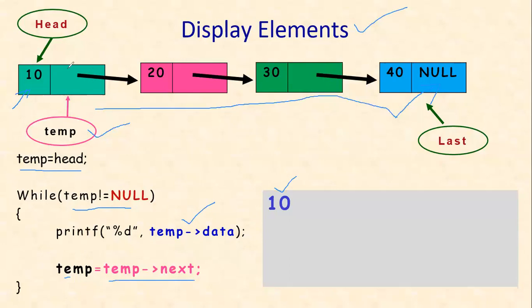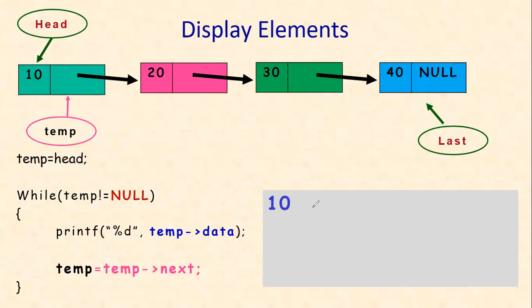Actually, the value in this memory is called temp next. I'm going to assign that value to temp, which means temp will point to the next node. So I'm writing temp is equal to temp next. Now see what will happen if I do that.